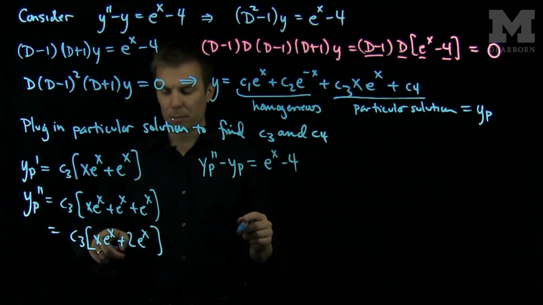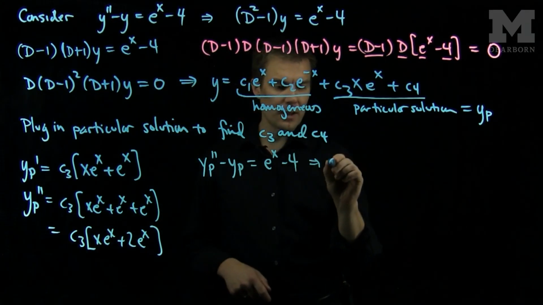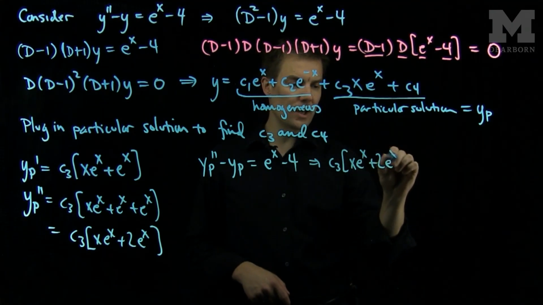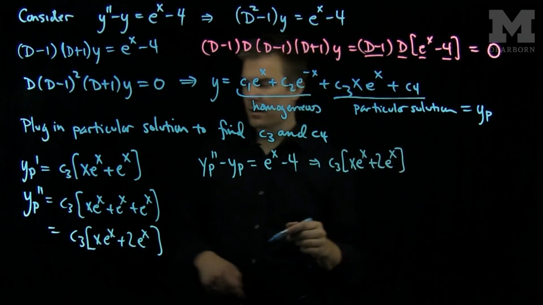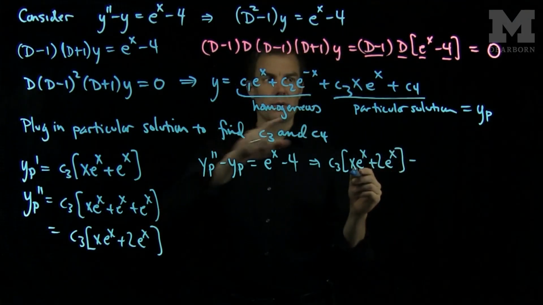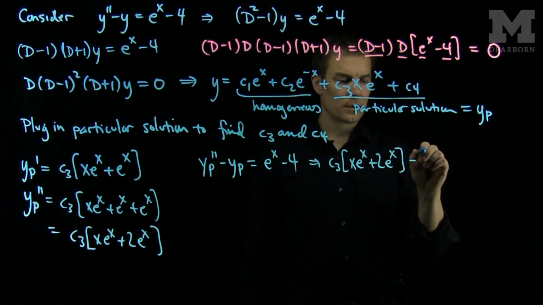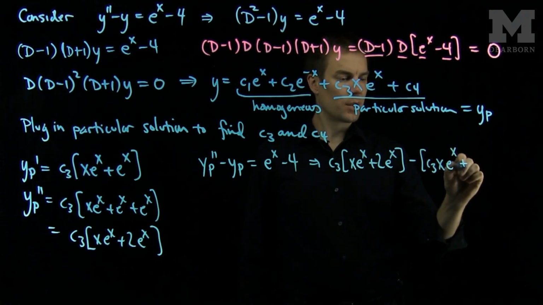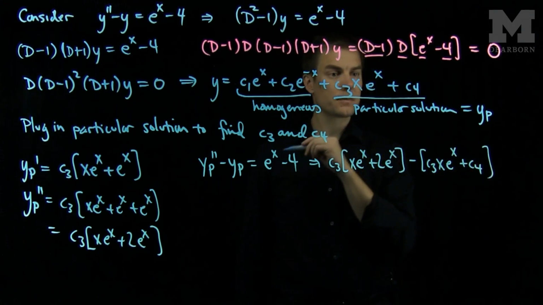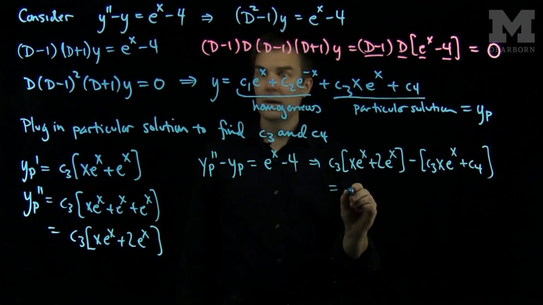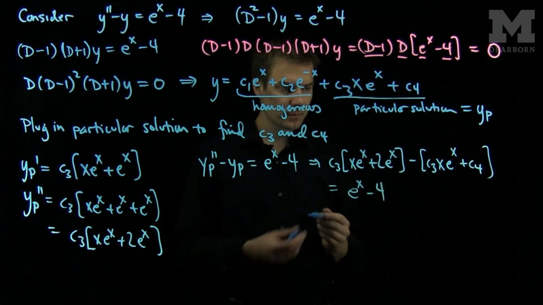Y particular double prime is c3 x e to the x plus 2 e to the x, and then minus y particular, which is found over here, c3 x e to the x plus c4. This has to equal e to the x minus 4.